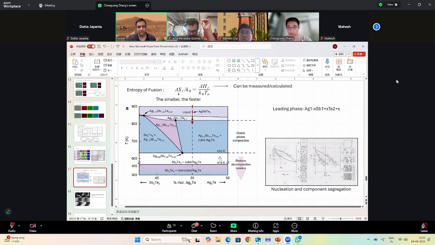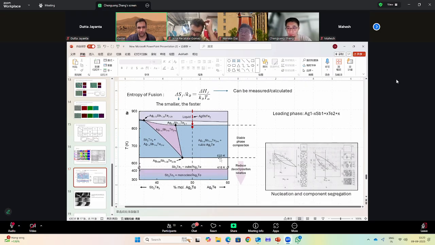But what you have is multiple phases which nucleate with different formation enthalpies, and hence different entropy of fusion, which is very hard to measure because in the 112, the formation of your silver telluride is always energetically favorable unless it's doping suppressed.